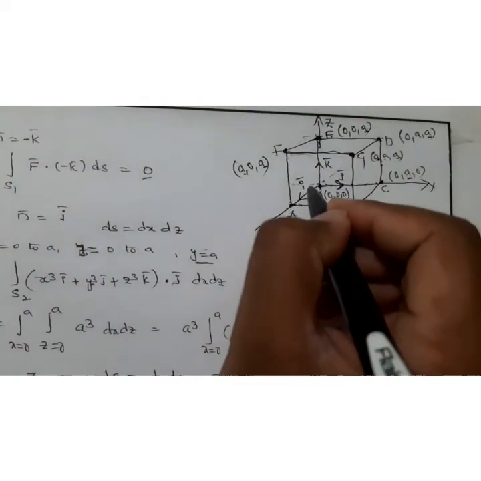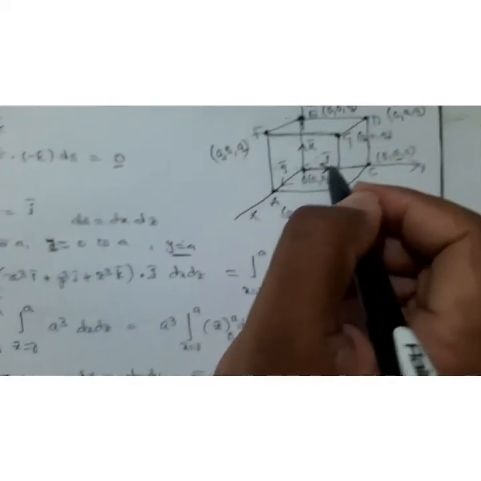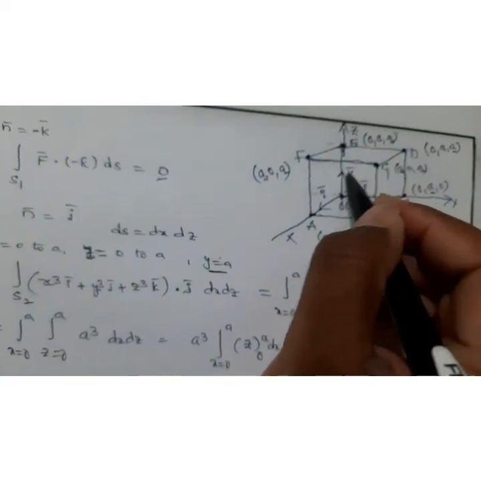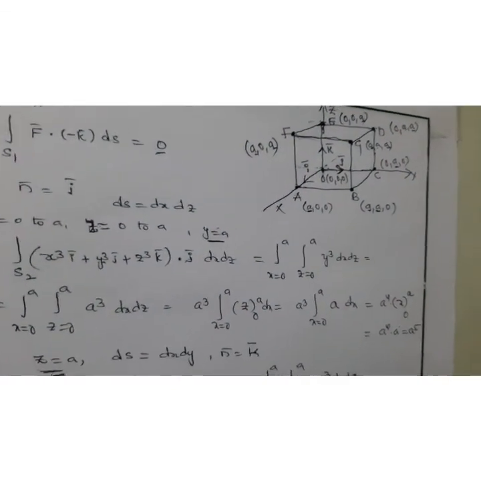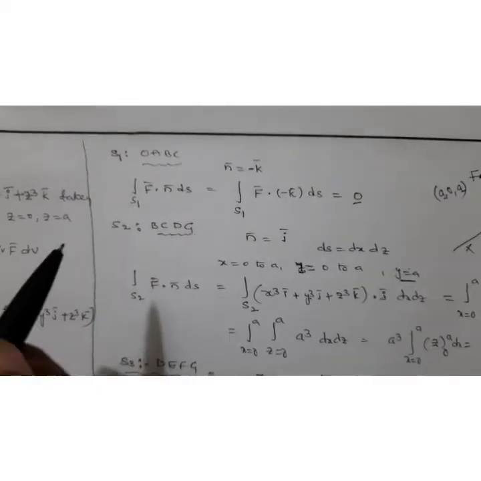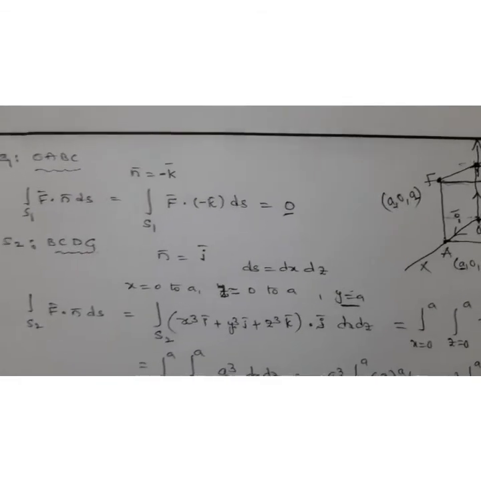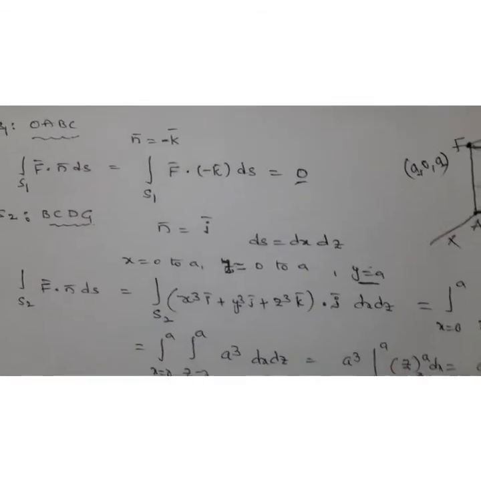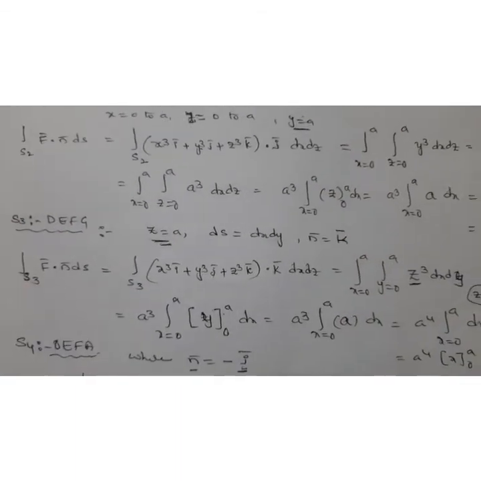Along x axis the unit outward drawn normal vector is i bar, along y axis j bar, along z axis is k bar. Here too we are finding the flux over the 6 surfaces. For 3 surfaces it is inward to the surface, n bar is the unit outward drawn normal vector, we will get that value is 0.